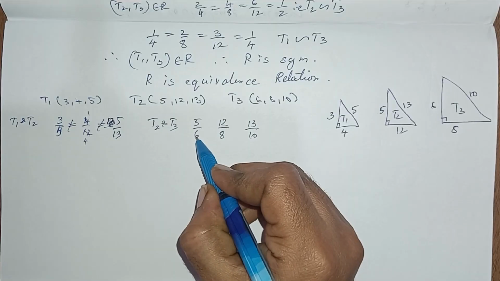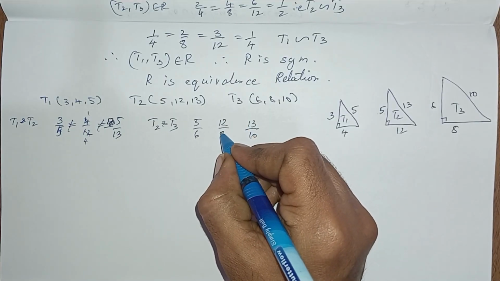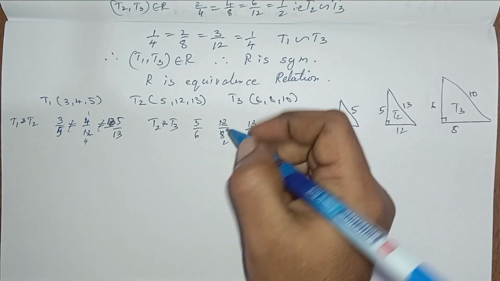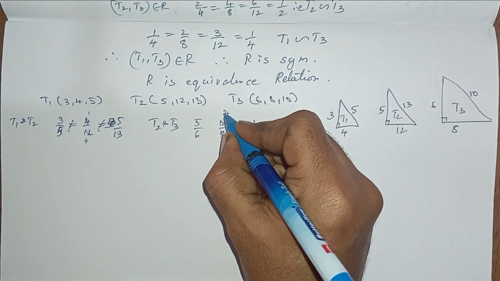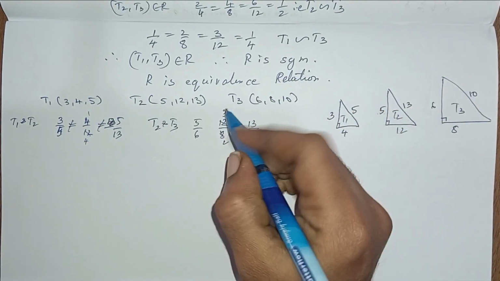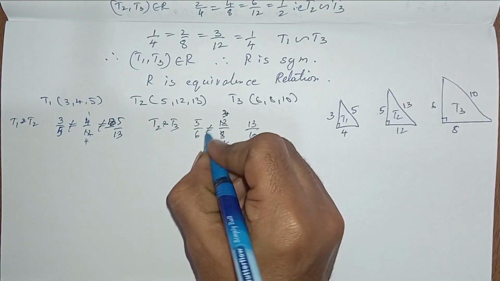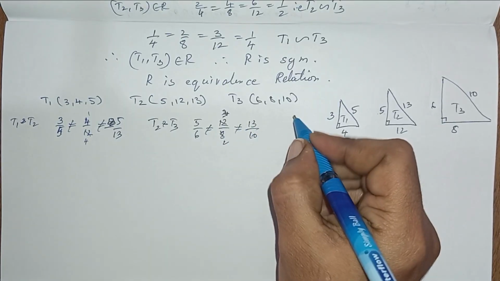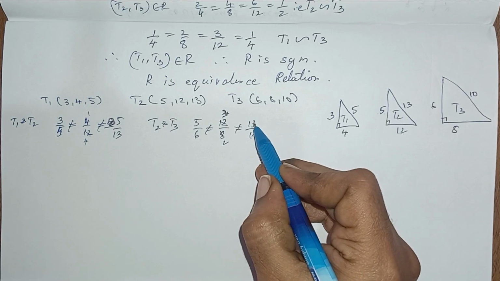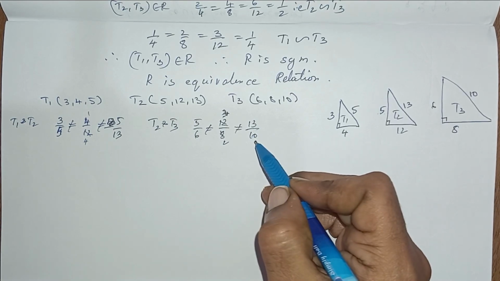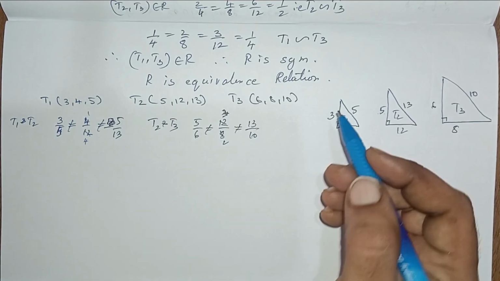You can see this is 5 by 6, but this ratio will be 3 by 2, and this will be 13 by 10. So all these are not equal, are not in the ratio. So T2 is not related to T3.